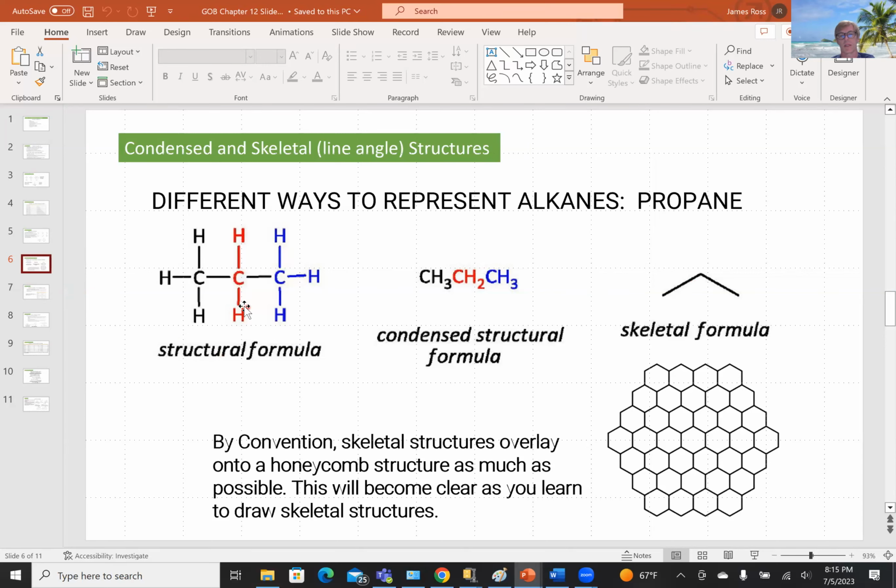So full or complete structures expose everything. Condensed structures condense everything except the actual elements. Skeletal structures represent carbons as dots and bonds between carbons as lines. And that's all for drawing the skeletal structure of alkanes.